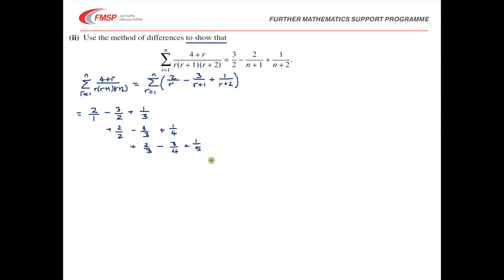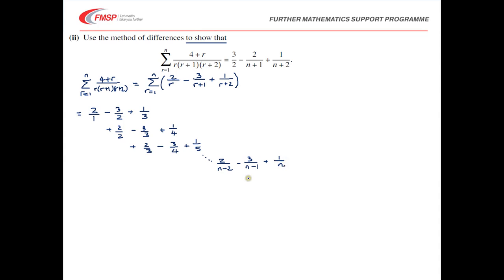And I can see that things are cancelling out, so I can do dot dot dot and do my last 3 terms. So that's r equals n minus 2. So that's 2 over n minus 2 minus 3 over n minus 1 plus 1 over n.